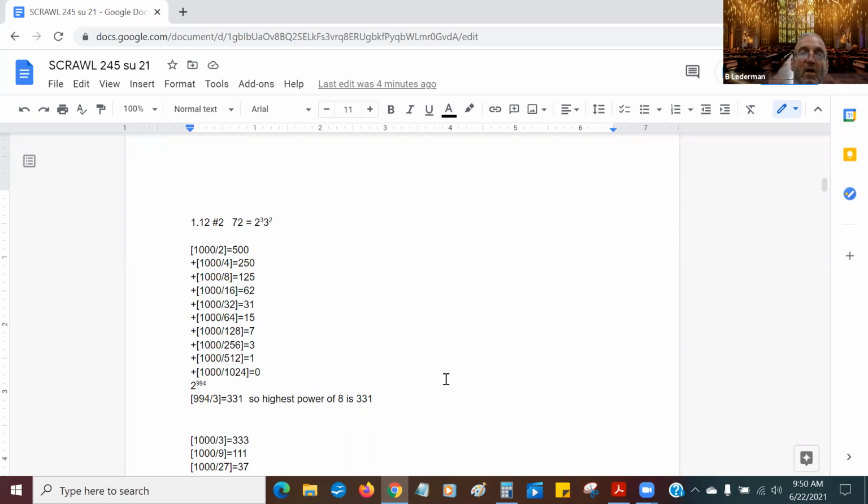Now we have to see what the highest power of 9 is, and whichever is the lower one is going to limit us.